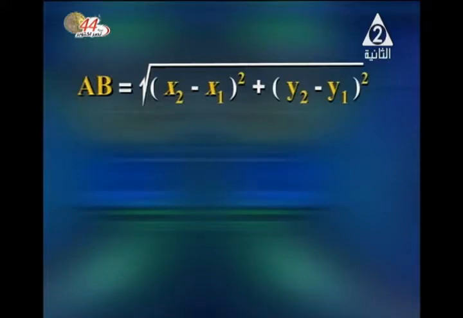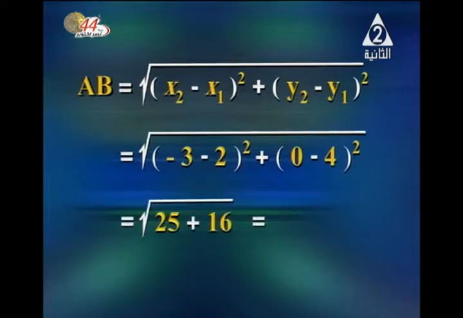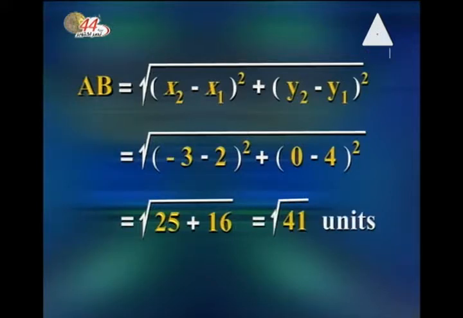By substituting, it will be square root of (negative 3 minus 2) all to the power of 2 plus (0 minus 4) all to the power of 2. This will lead us to square root 25 plus 16, which is equal to square root 41 units. This is the length of AB.